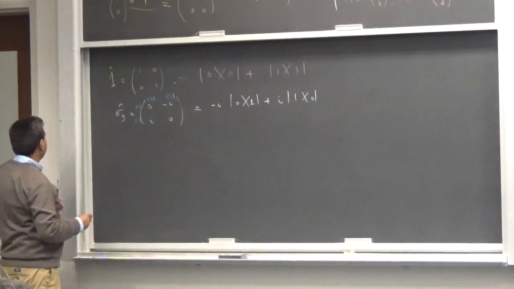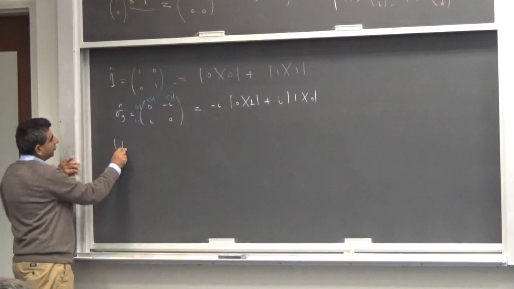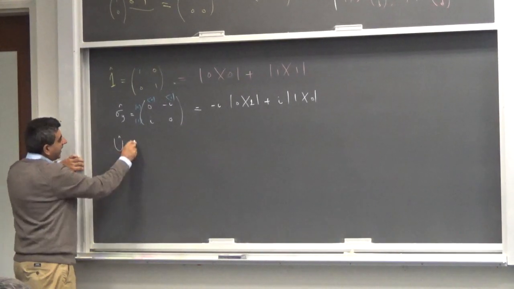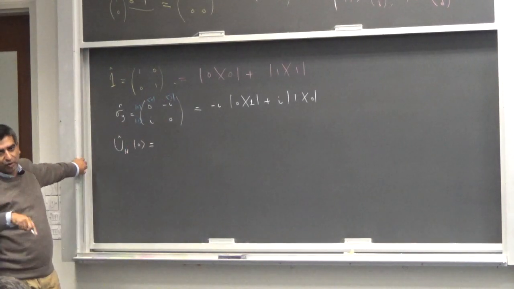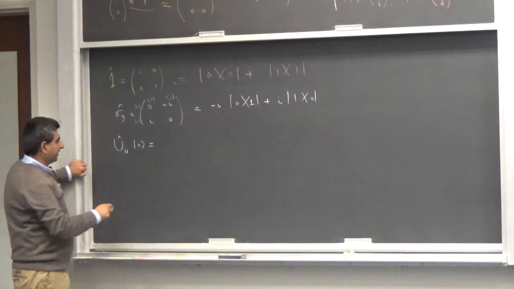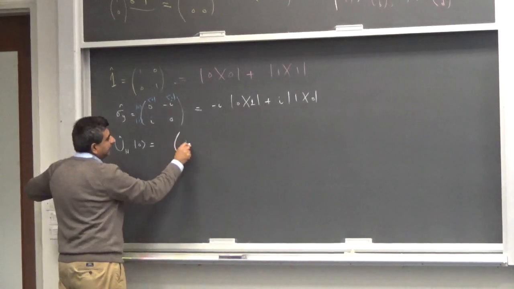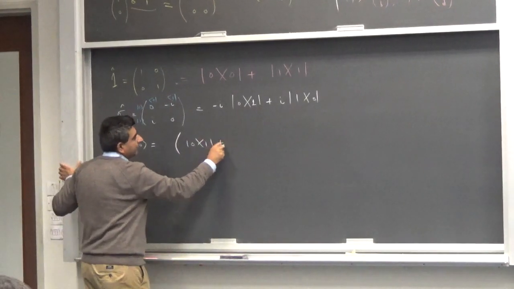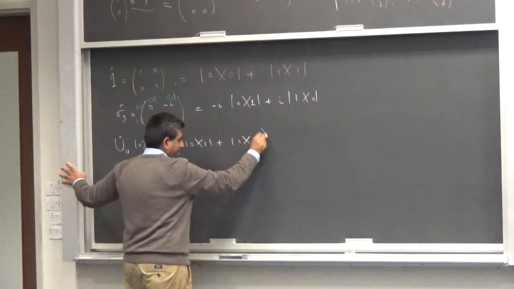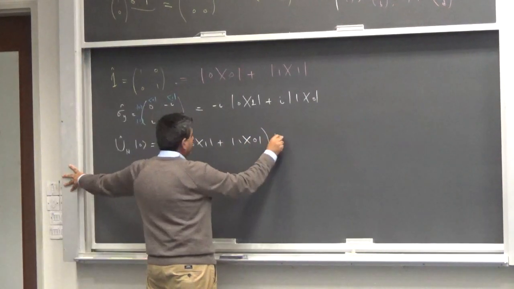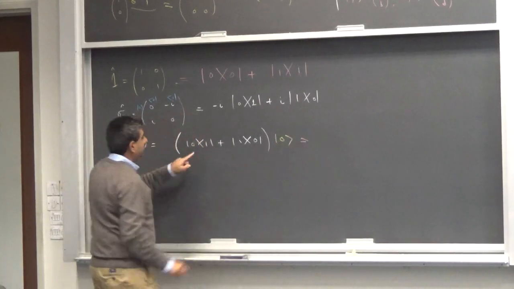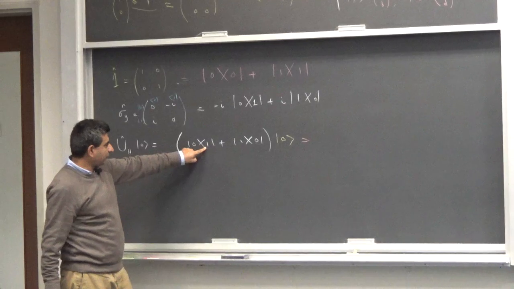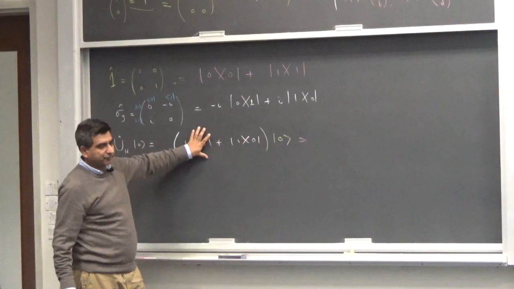And it's very easy to really use this outer product formulation. For example, if you would like to find out what happens when the NOT gate acts on ket 0, you know that the answer is going to be ket 1, because the NOT gate inverts the basis state. We could also write this out explicitly in the following form. This operator acting on ket 0 would result in, now if I take the inner product of 1 with 0, I'll get 0, so this term just goes away.